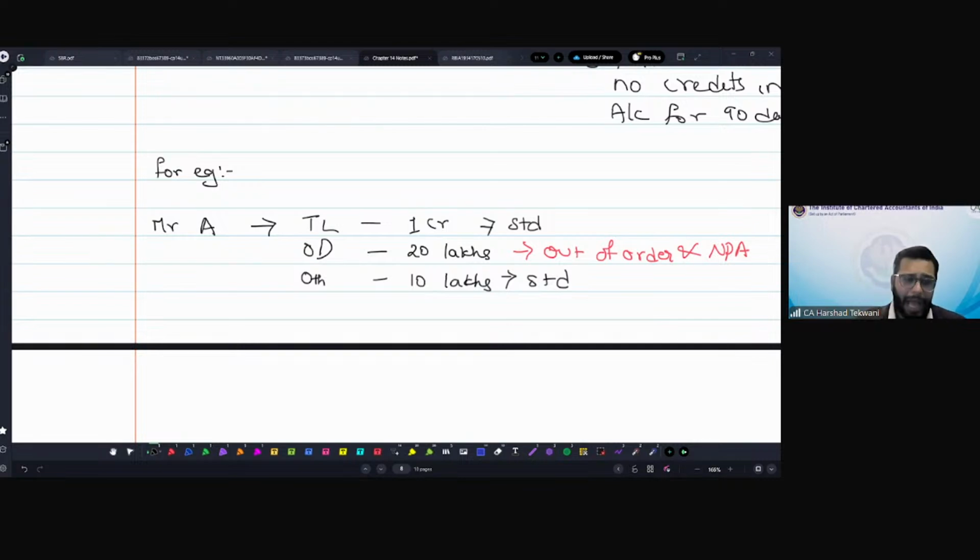What should I do? I can say, okay, don't consider this as standard, consider this as an NPA because your OD is NPA and the person is not paying the amount over there, will not pay the amount over here even though he's paying. Should I do that? Or should I continue with the standard classification because he's paying from time to time?